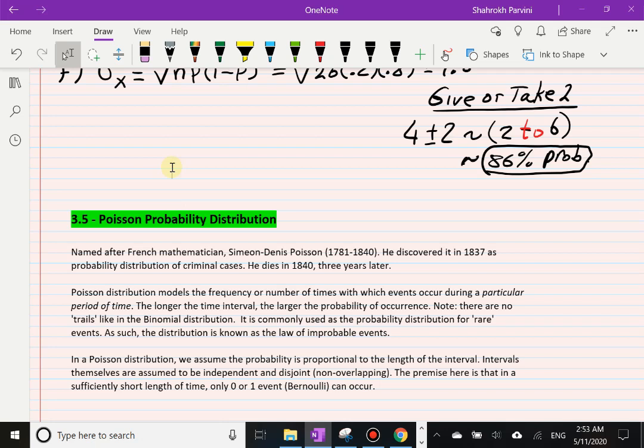The events would be arrivals, for example. Typically, the longer the time interval, the larger the probability of something happening. The distribution is a good model for rare events that are very unlikely to happen, and because of that, it is known as the law of improbable events.